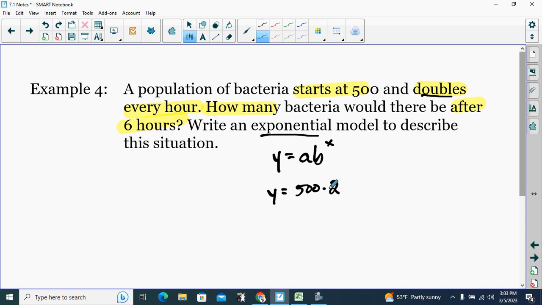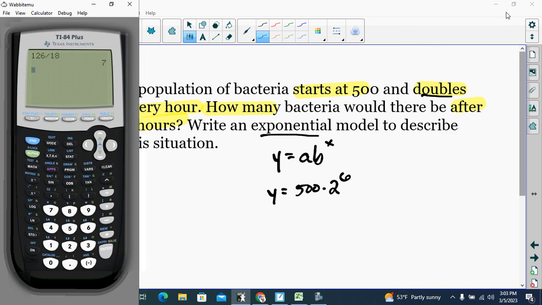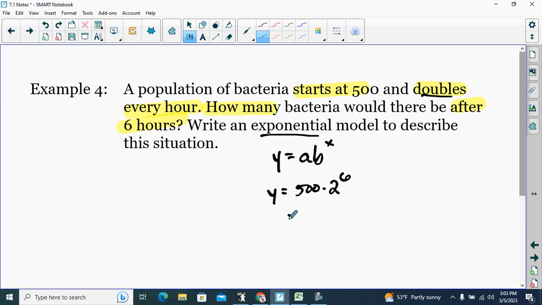And the number of times we are multiplying by 2, if it doubles every hour, after 6 hours it will have doubled 6 times. And this will be a calculator problem. 2 to the 6th is 64 times 500. So 32,000. That's a lot of bacteria.